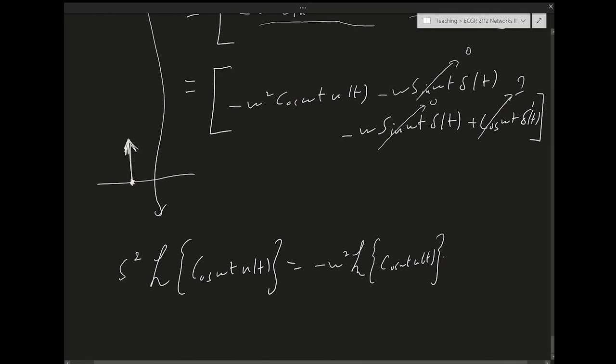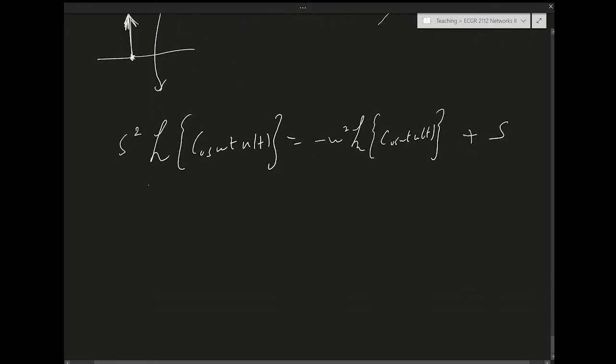Right? This we said is 0, but I have delta here. So this is going to be, we said this is plus s. So I take this to the left-hand side, and I end up with s squared plus omega squared times the Laplace transform of cosine omega t u of t equals s.